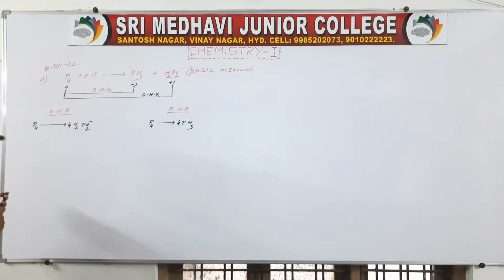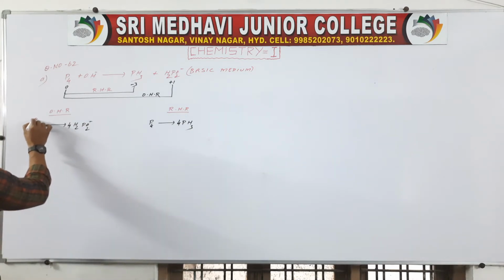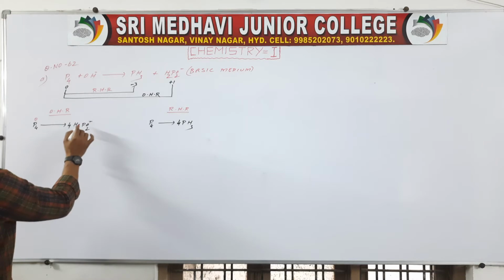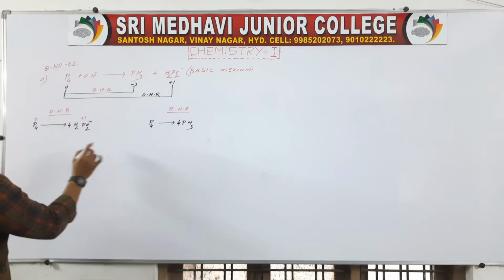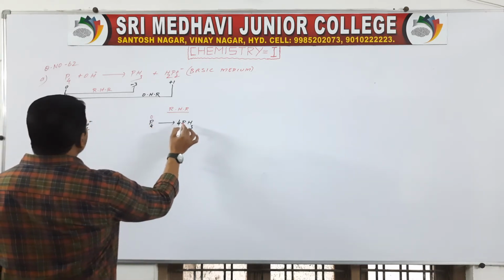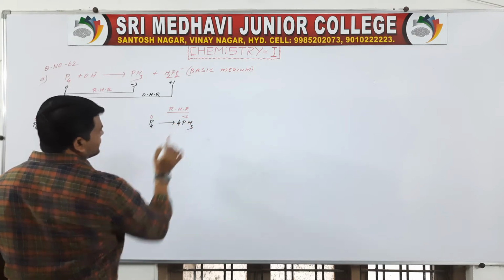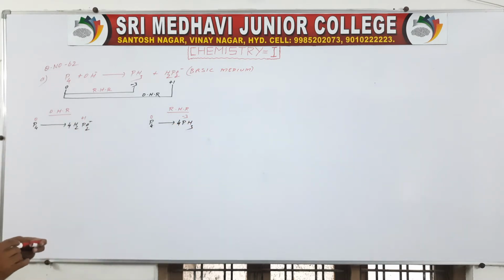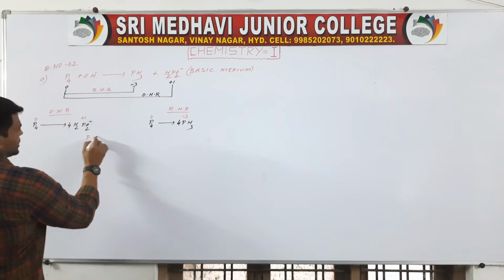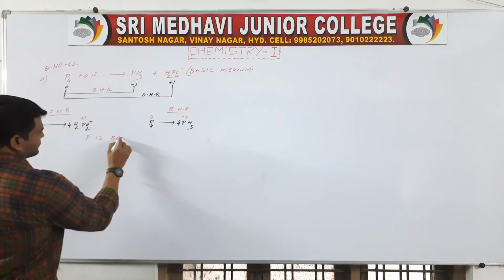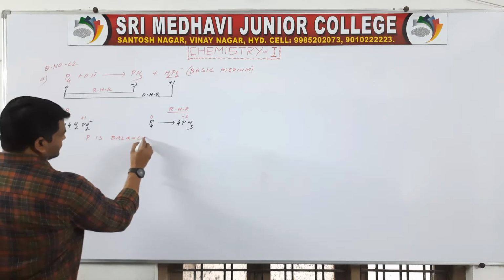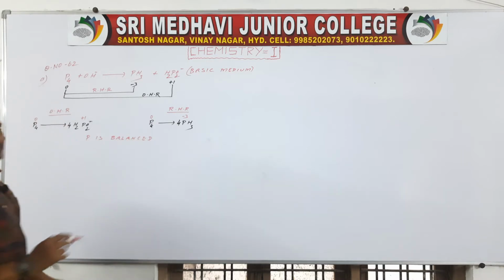So here the oxidation state is 0, here plus 1, here 0, here minus 3. Then you have to write here that phosphorus is balanced.